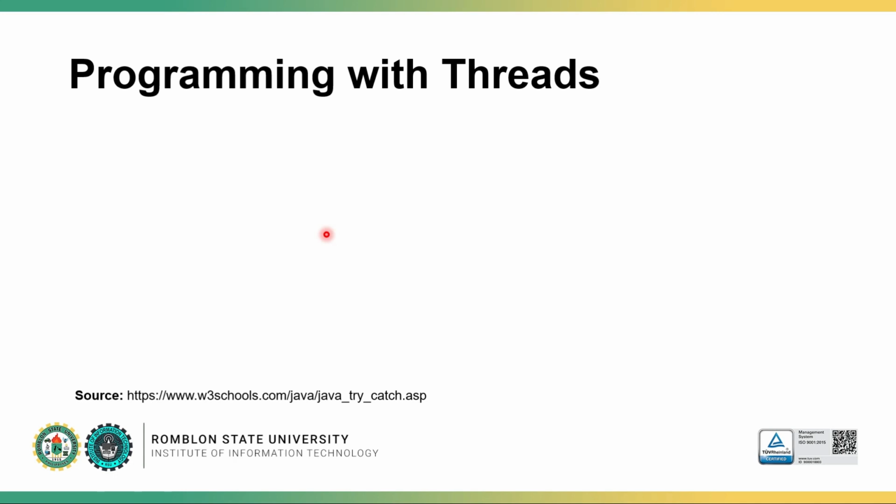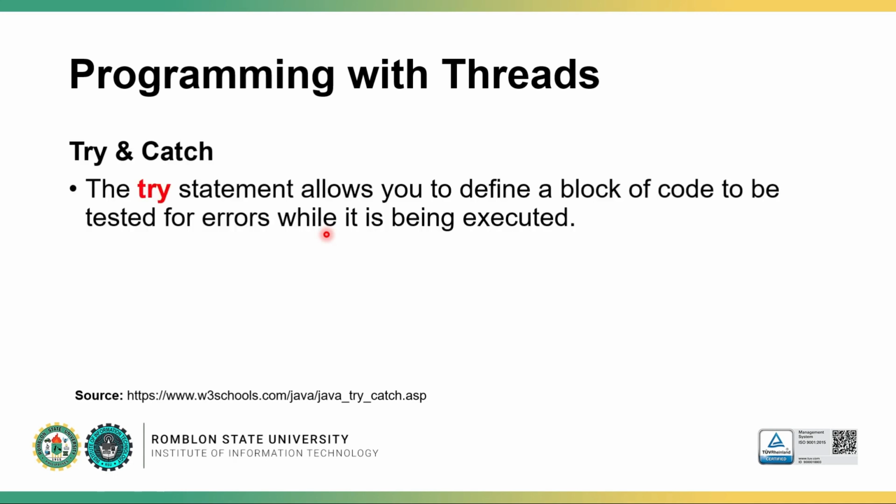That's why try and catch is used. Whenever errors are encountered, we know our program will not close because of the try-catch block. The try statement allows you to define a block of code to be tested for errors. As I mentioned, you try to see if there is an error or if the code will run correctly.